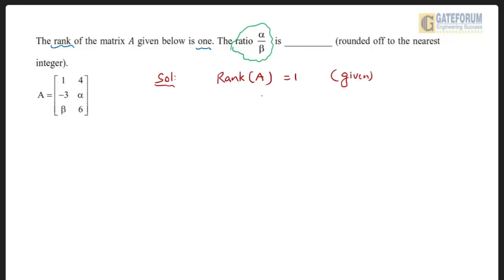By the definition of rank, using the second condition, the first condition is given. When the rank of a matrix is r, then using the second condition of the rank, every minor of order r plus 1 is 0. That is, the determinant of every r plus 1 cross r plus 1 submatrix is 0. That is, the determinant of every 2 cross 2 submatrix of A is 0.